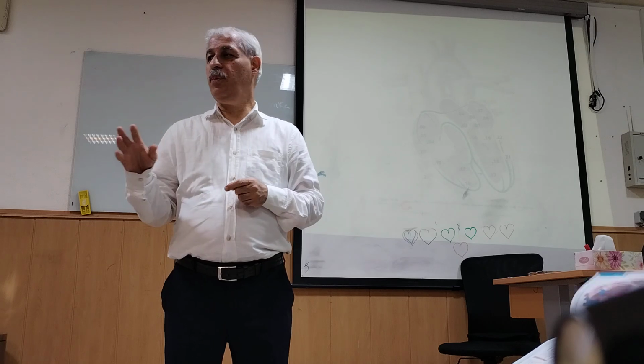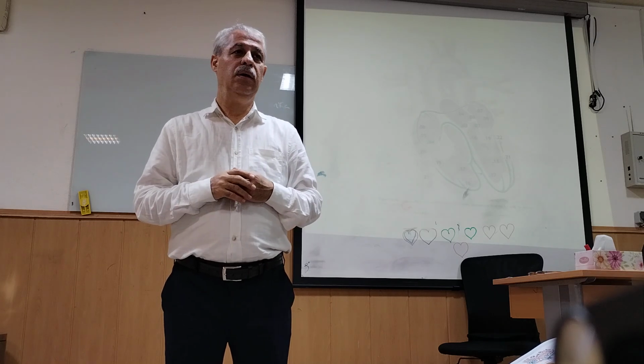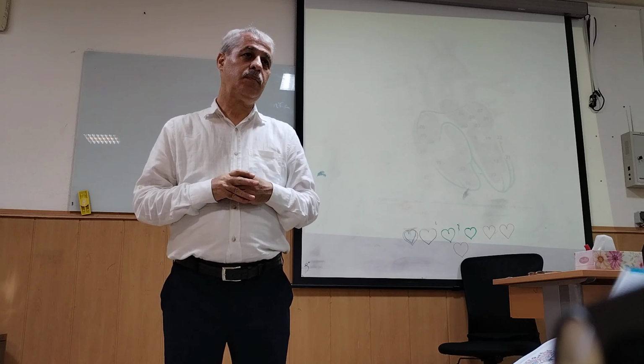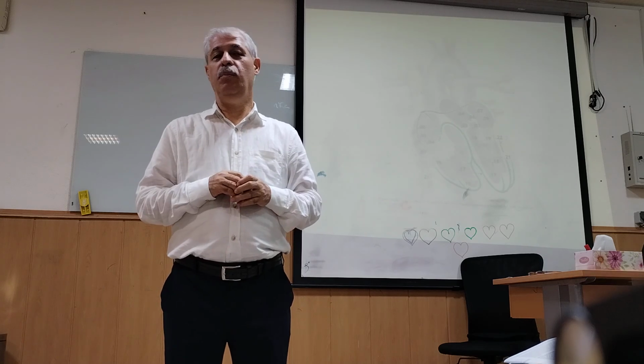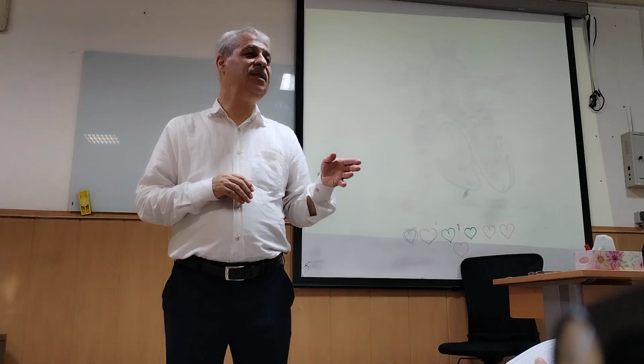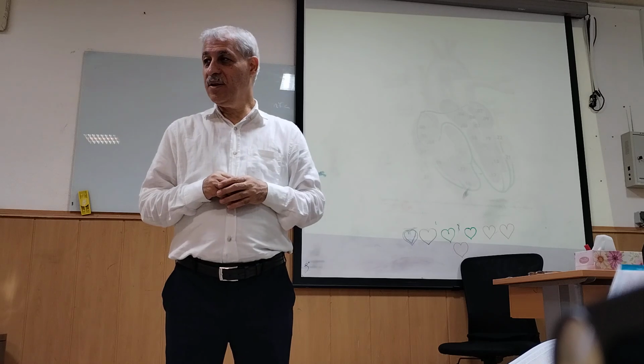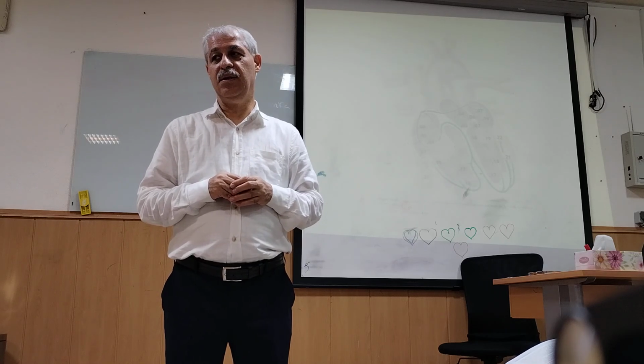For example, suppose that the SA node stops sending impulses. Then somewhere else in the AV node or in the ventricle, they start sending signals.